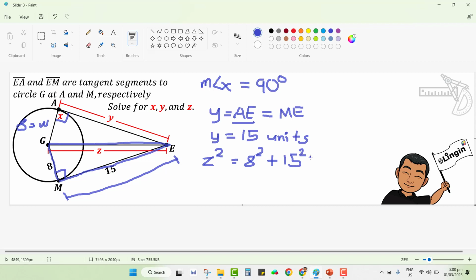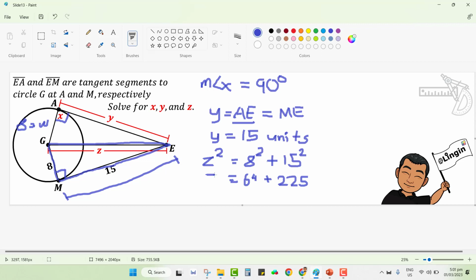The Pythagorean Theorem only works for right triangles, and hence we need to understand as well the presence of the hypotenuse. In this case, it is Z. So if we're going to compute this, we will have here 64 for 8 squared plus 225 for our 15 squared.